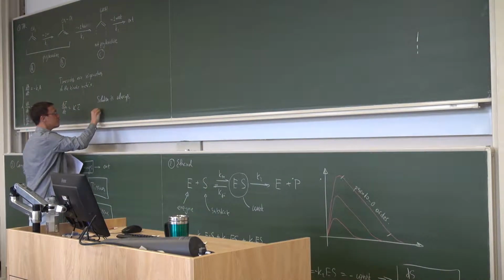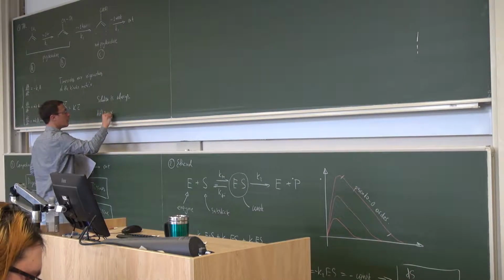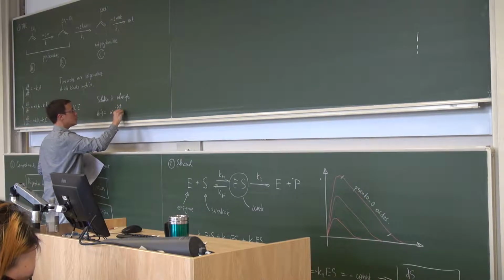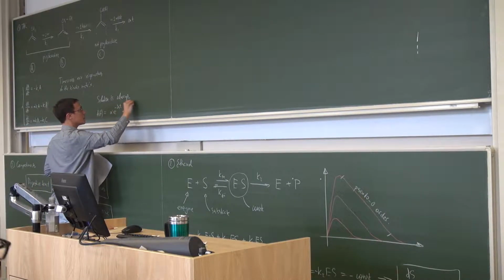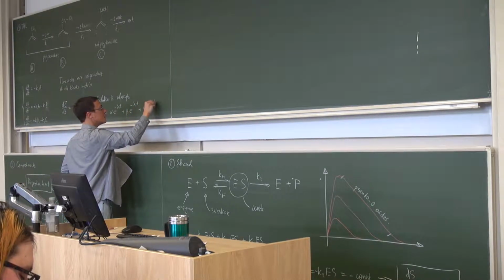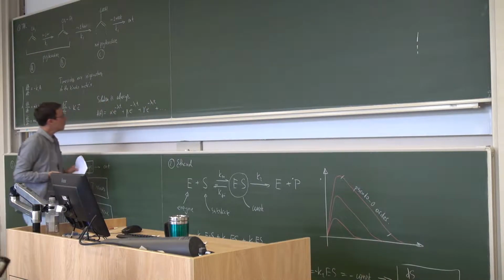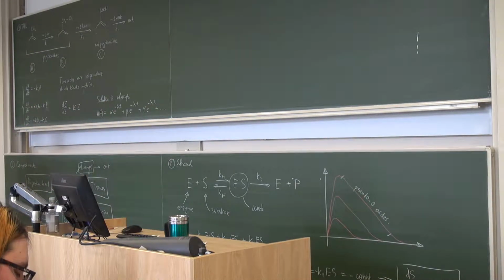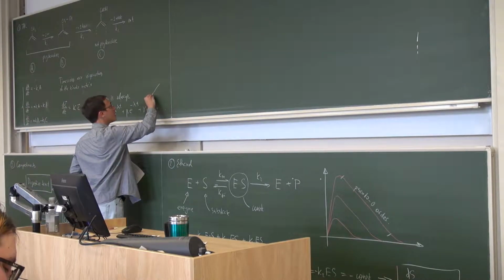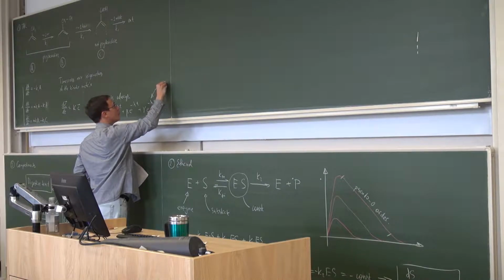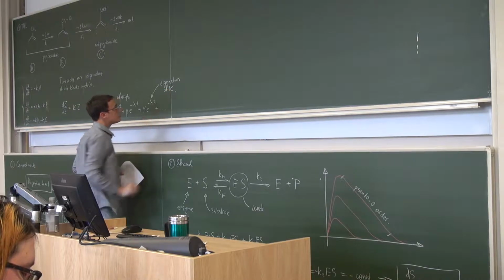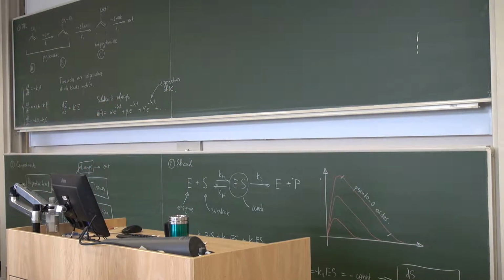Let's say A of t will be alpha e to the minus lambda 1 t plus beta e to the minus lambda 2 t plus gamma e to the minus lambda 3 t and so on, where alpha, beta, and gamma are constants that depend on initial conditions, but lambdas are the eigenvalues of K. Which we will now go and compute.